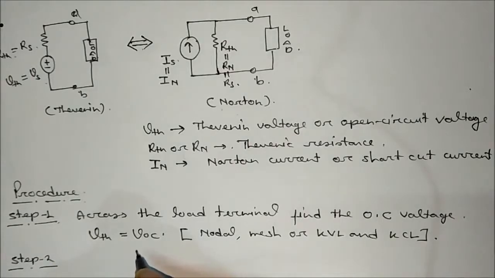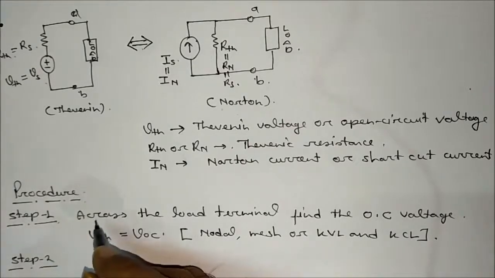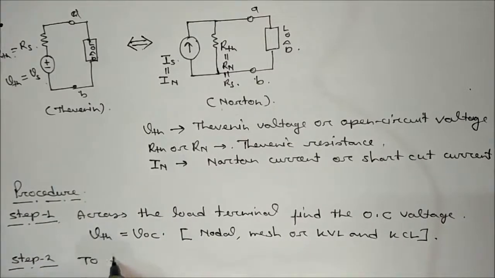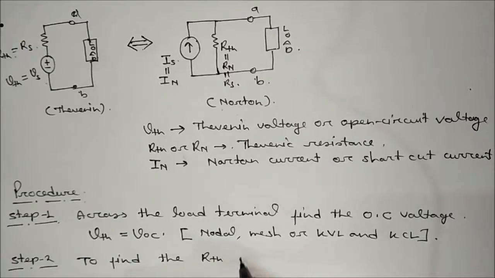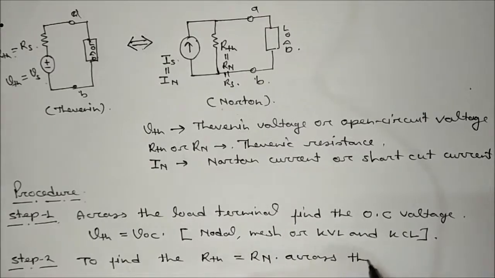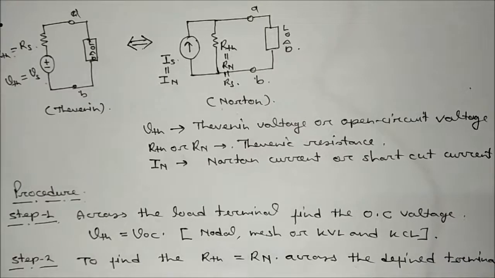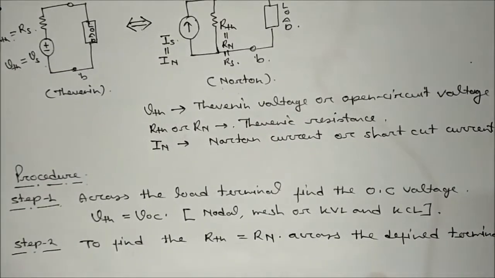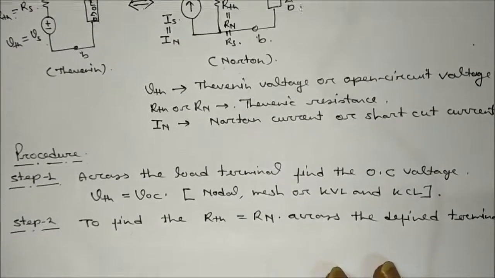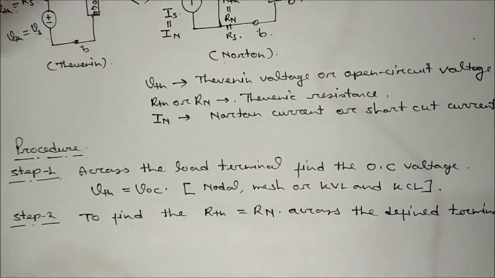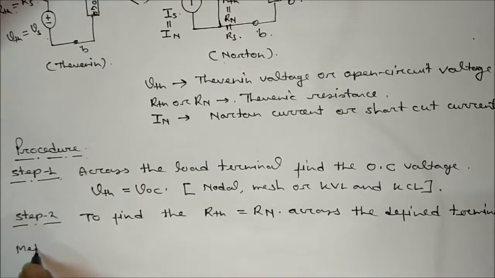Okay, now step number 2 is to find Rth or Rn across the defined terminal. How to get this Rth and Rn, there are basically three methods. First one is method 1.